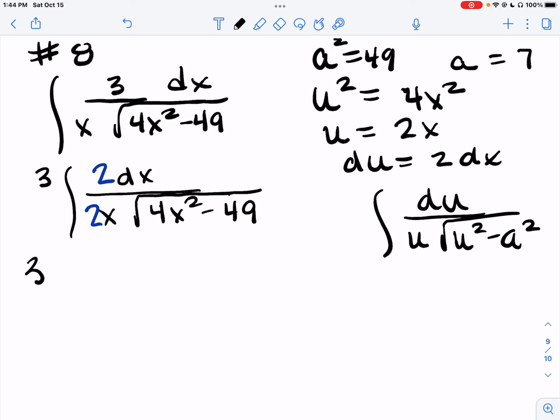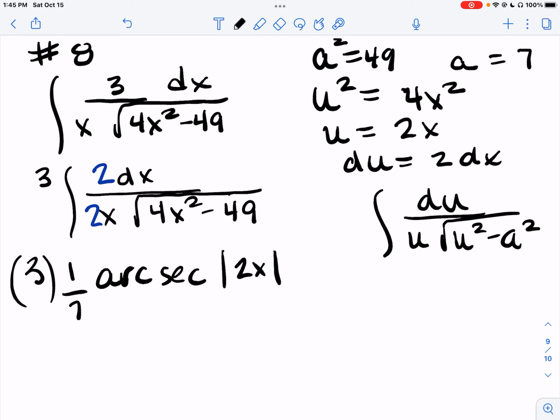And the integral of that is 1 over a arcsecant of u over a and plus c. So that would be 3 over 7.